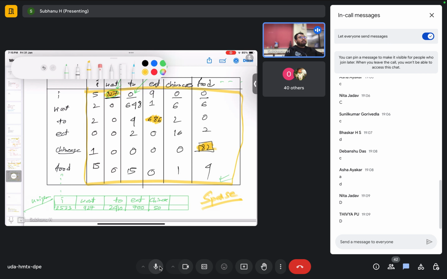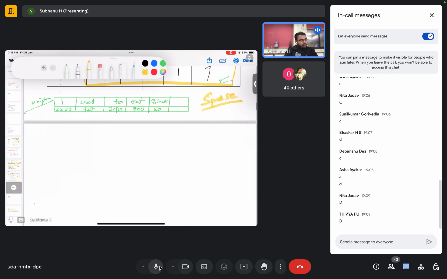What we do is estimate n-gram probabilities. Why do we estimate n-gram probabilities?